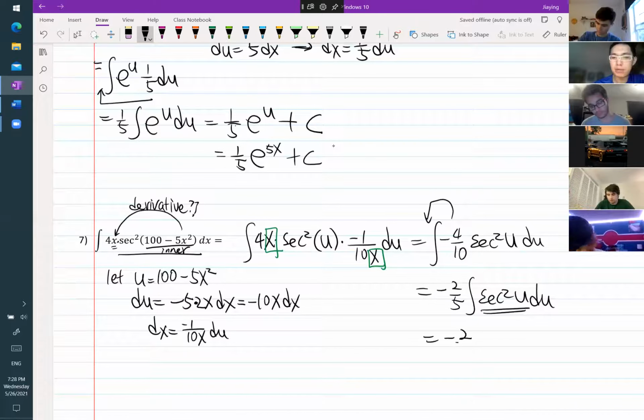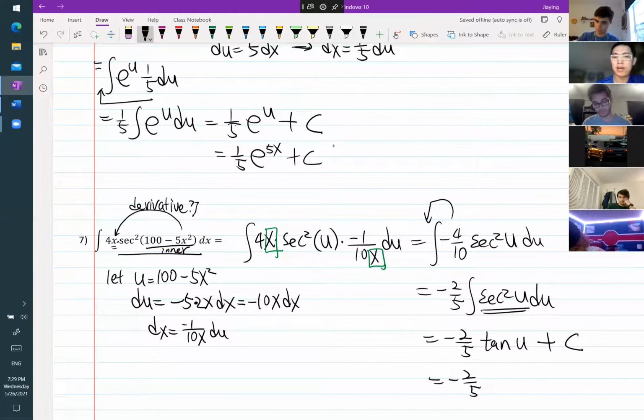So you get negative 2/5 tangent u plus a constant c. We're almost there, we just have to make sure that at the end we have a function of x, not u. So that's negative 2/5 tangent of u, which is 100 minus 5x squared.